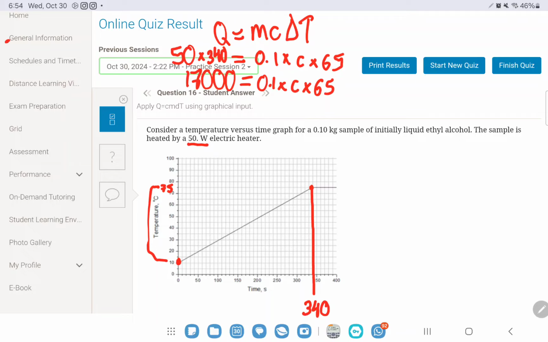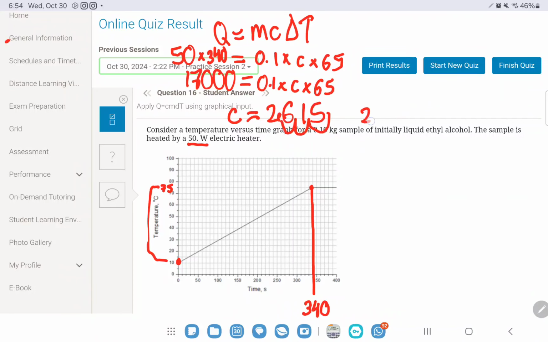Let's start calculating. You're going to get C equals 2,615 point whatever. Now you want it in two significant figures, so we're going to move the decimal back 3 spaces.